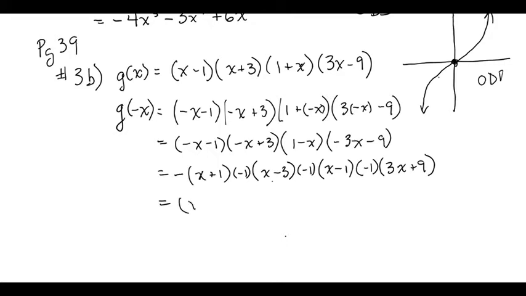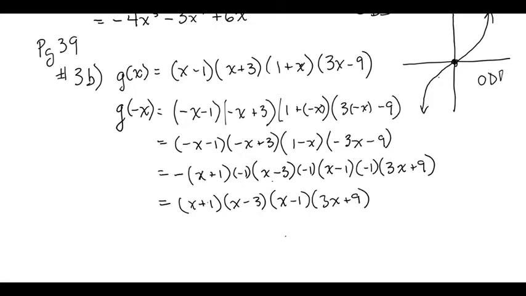So the only thing that I have left is each of the factors that I've simplified already. My result is this function, and it looks nothing like the original function, that's for sure.